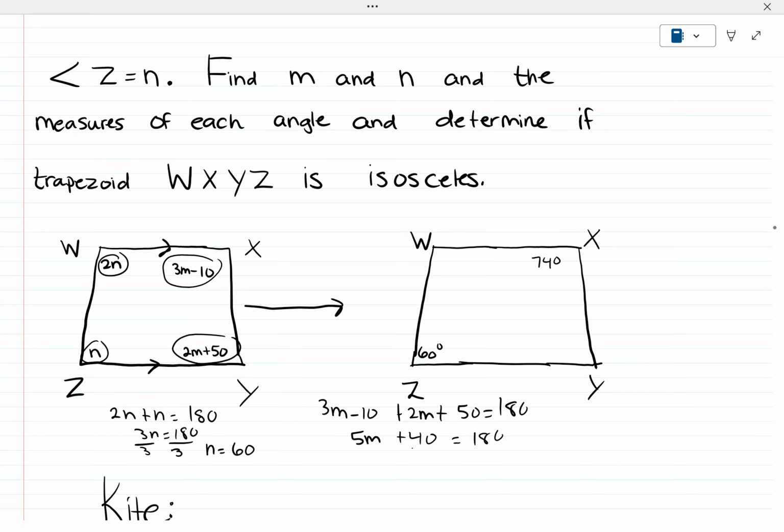And then subtract 40, you get 5m equals 180 minus 40, which is 140. Divide this by 5. 140 divided by 5 is 28.